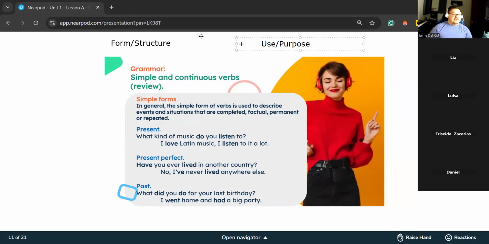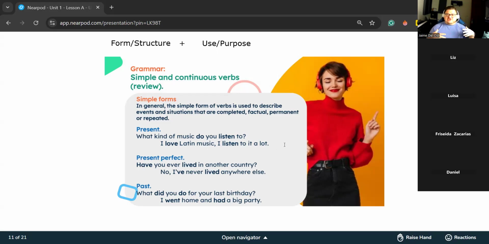Okay. So this is what's going to make a great student, that we learned the form and the structure, but that we also are aware of the use or the purpose for every topic that we learn, especially with grammar.